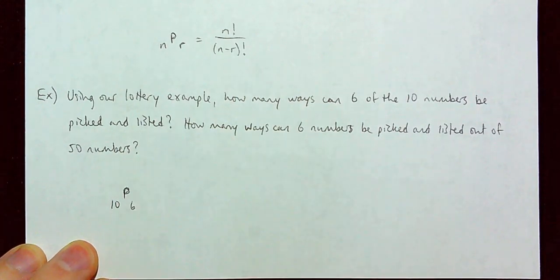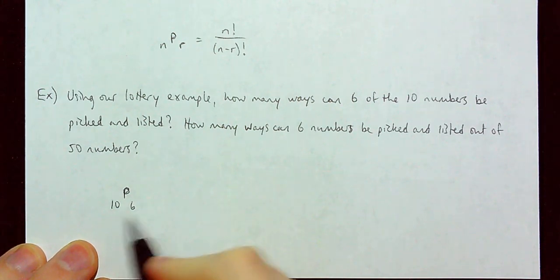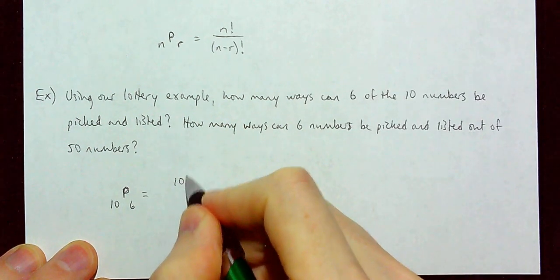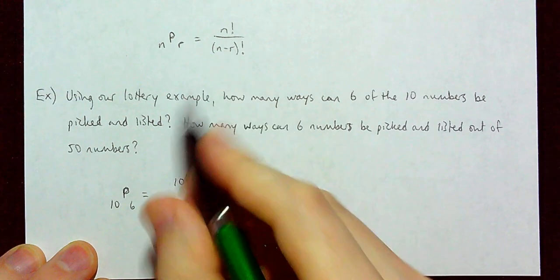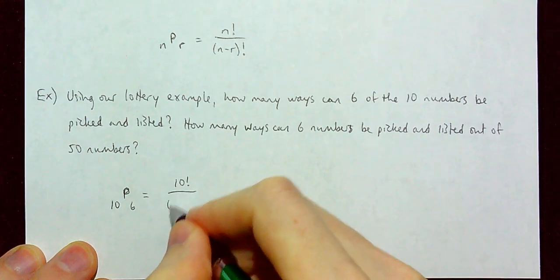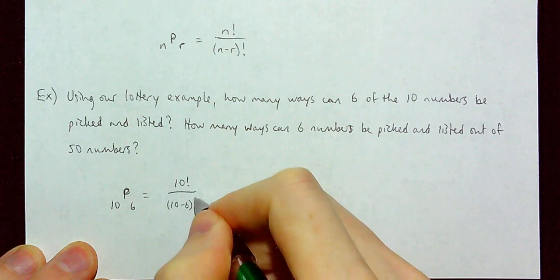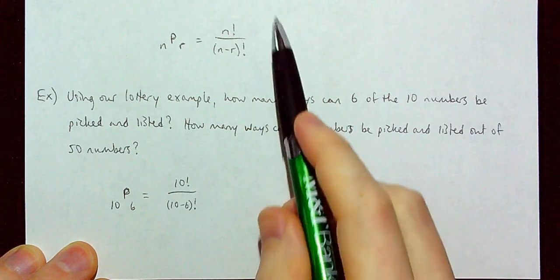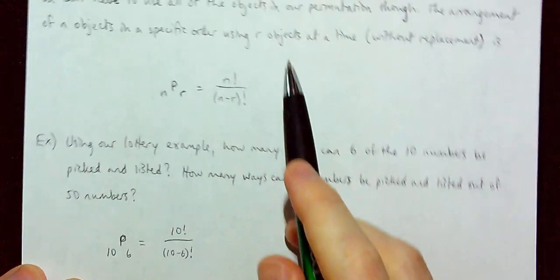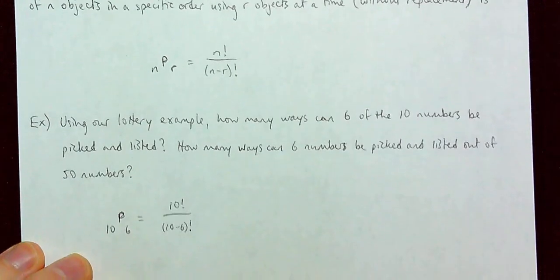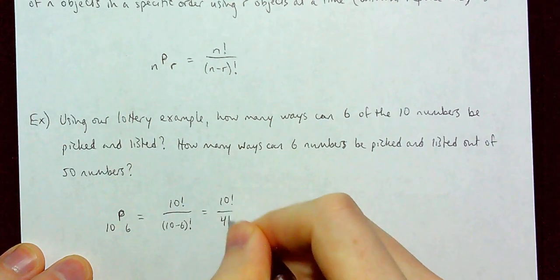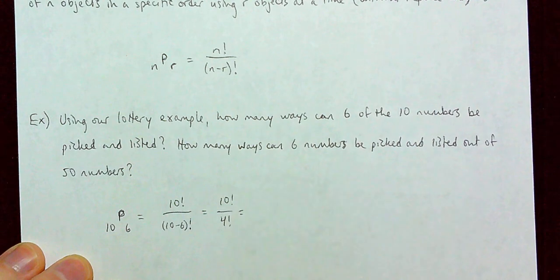The order matters, so we're doing a permutation. We had 10 objects. We only want to pick 6 of them. So it's going to be 10 factorial, that's our n, divided by 10 minus 6 factorial. Our R value is how many objects we're picking at a time. So 10 minus 6, or 4. 10 factorial divided by 4 factorial.